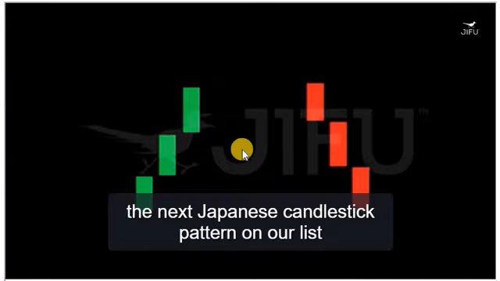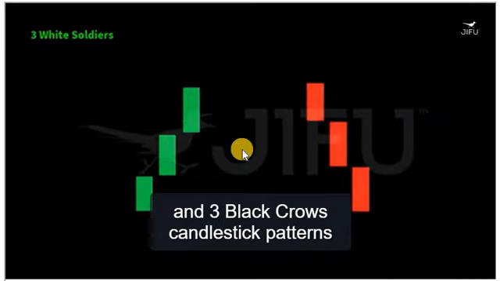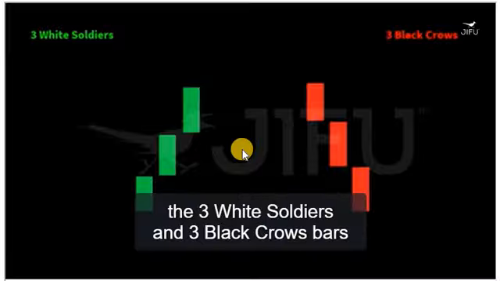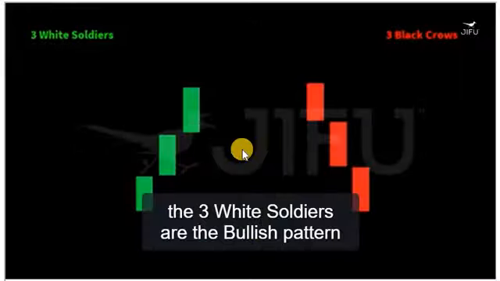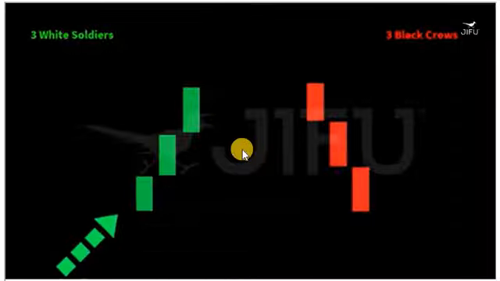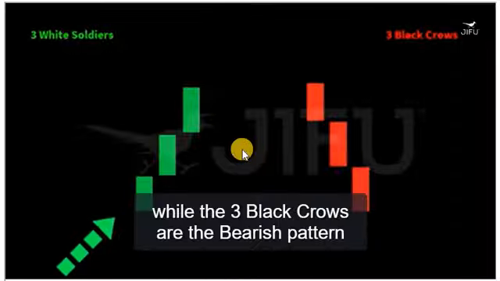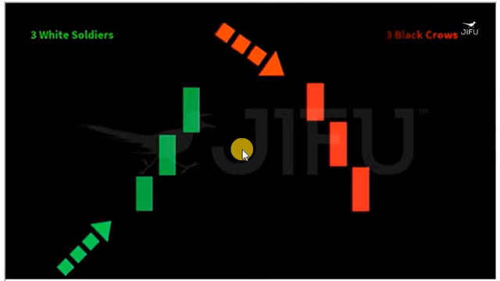The next Japanese candlestick pattern on our list is the 3 white soldiers and 3 black crows candlestick patterns. The 3 white soldiers and 3 black crows bars are a powerful reversal candlestick pattern. The 3 white soldiers are the bullish pattern, while the 3 black crows are the bearish pattern.